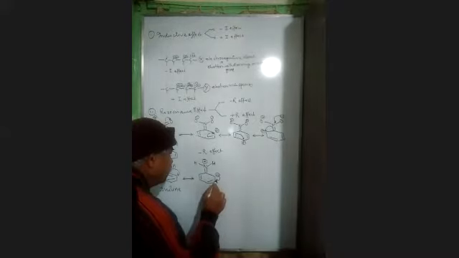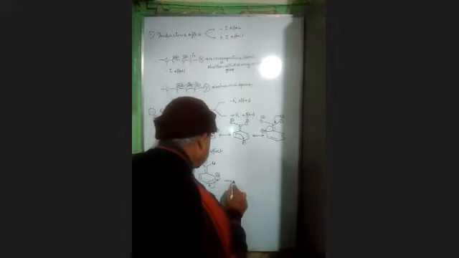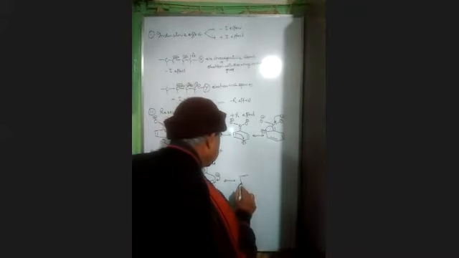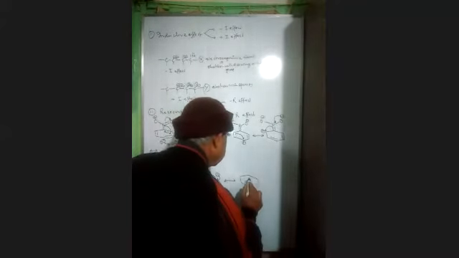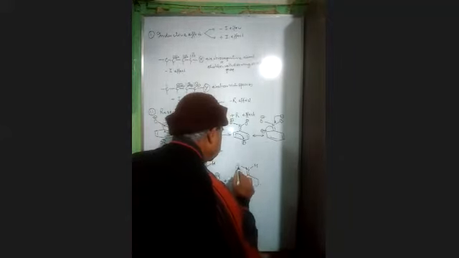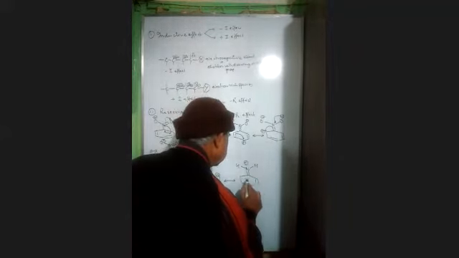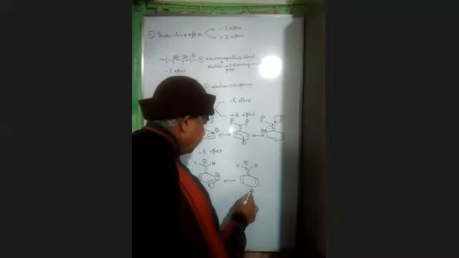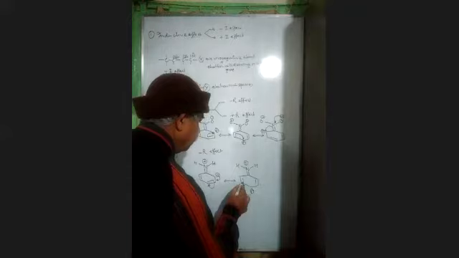Then this electron comes. The moment this electron comes here, this electron gets repelled and comes here. Then this comes here, immediately this goes here. So you'll get it here.